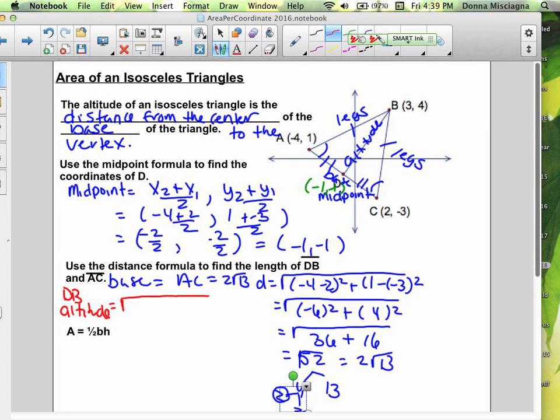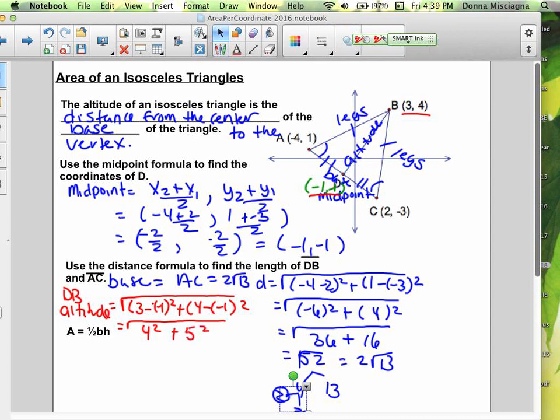Right? And so we're going to use the, it's crammed, negative 1 there, and 3, 4. So this would be 3 minus a negative 1 squared plus 4 minus a negative 1 squared, which gives us 3 plus 1, that'd be 4 squared, plus 3 minus a negative would be plus 5 squared.